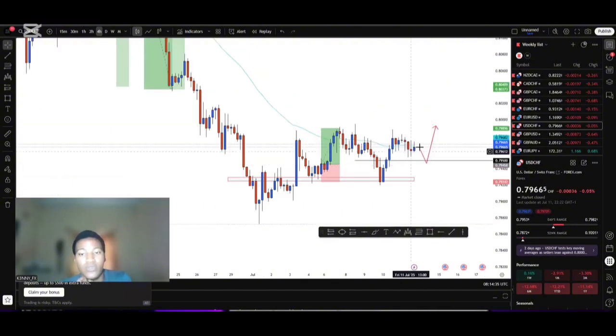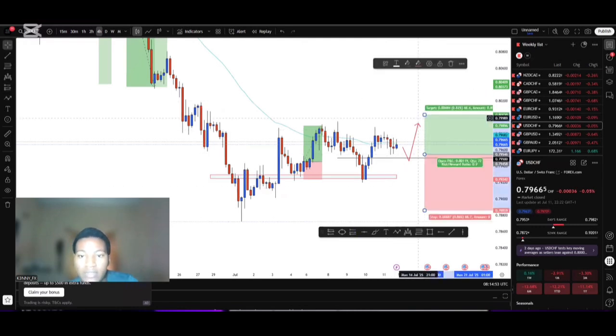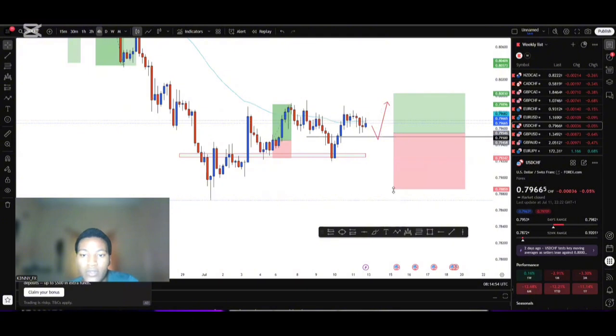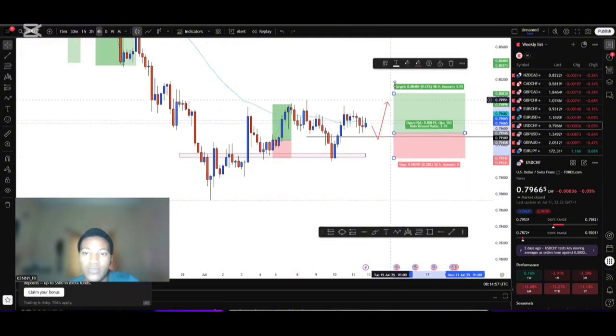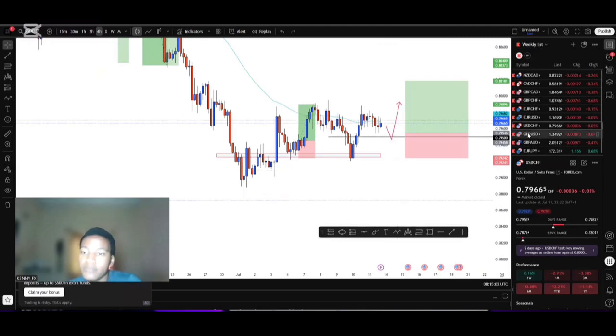So we're going to wait for a rejection from this point here, maybe anywhere inside here, a far rejection to buy. And as usual, we're looking for a 1 to 2, or we're just continuing the counter trend. So that's that for USD CHF.